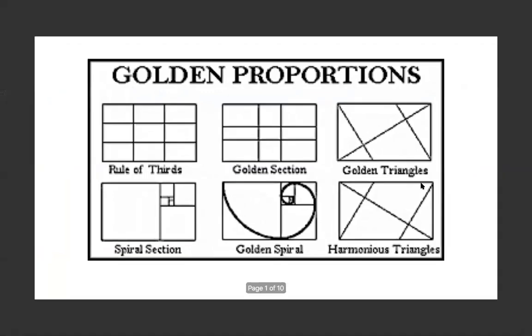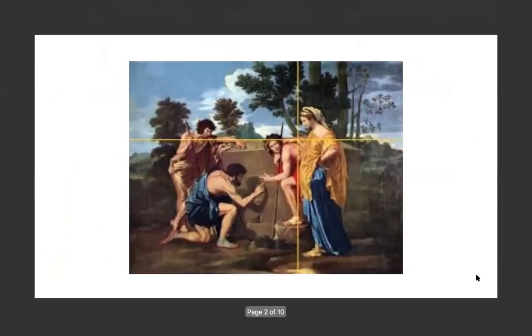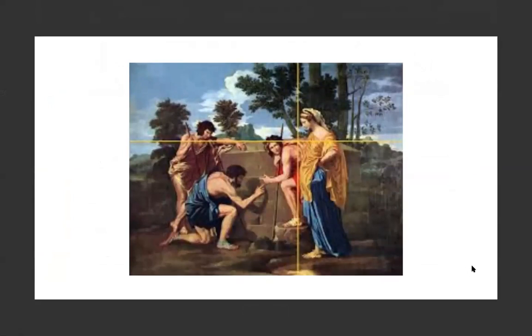Let's do this. Okay, so this is kind of what we were just being introduced to, from the rule of thirds to the golden section, to what golden triangles are, the golden spiral, the spiral section, root. All these things you're going to be dealing with here in a minute, or in the coming days. Okay, kind of a way of just looking at space.